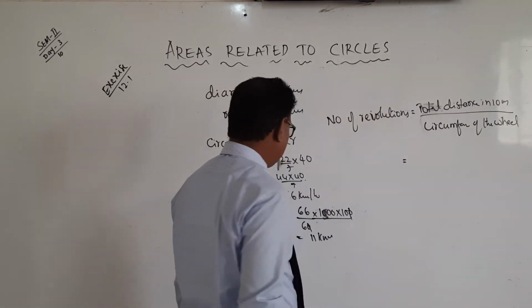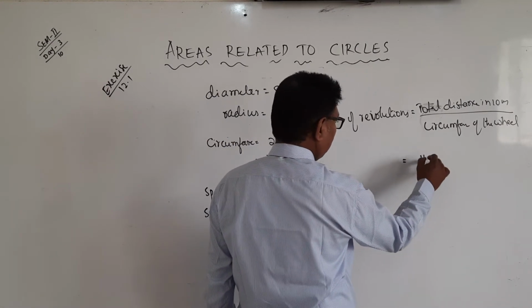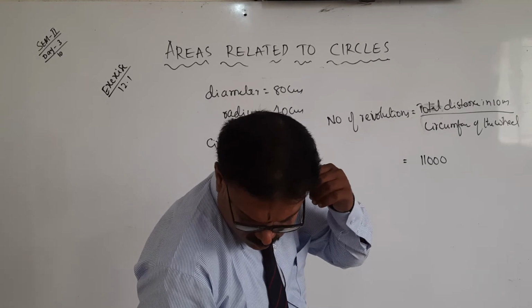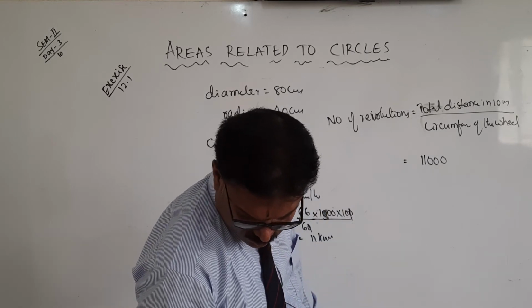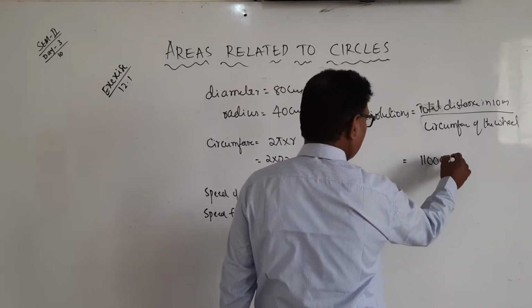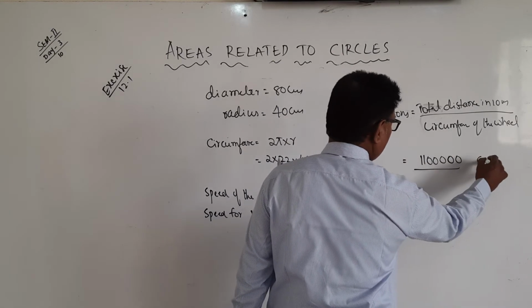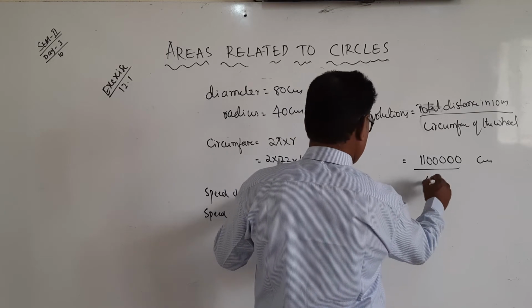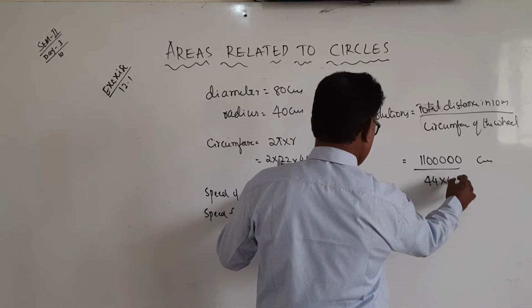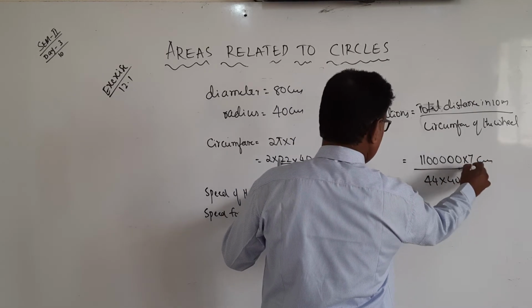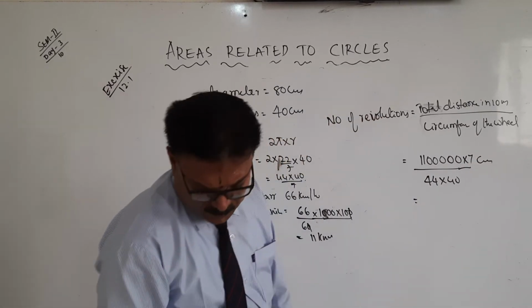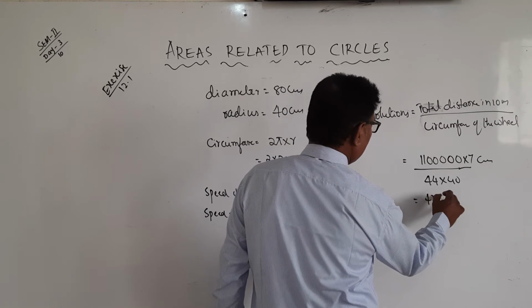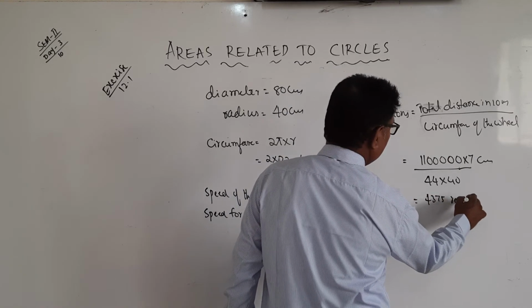So it is nothing but 11,000 into 100 centimeters divided by 44 into 40 divided by 7. So approximately how much will it come? 4375 revolutions.